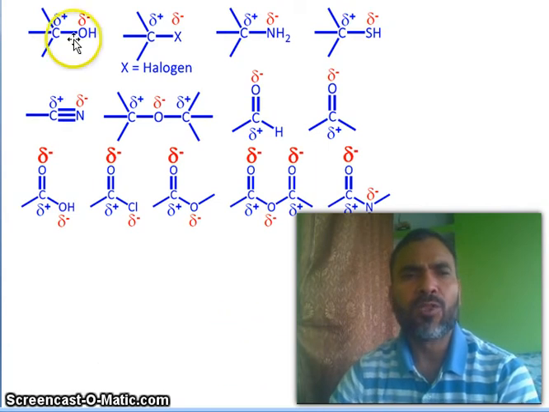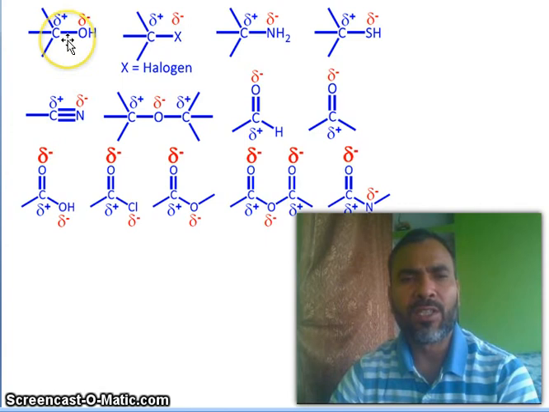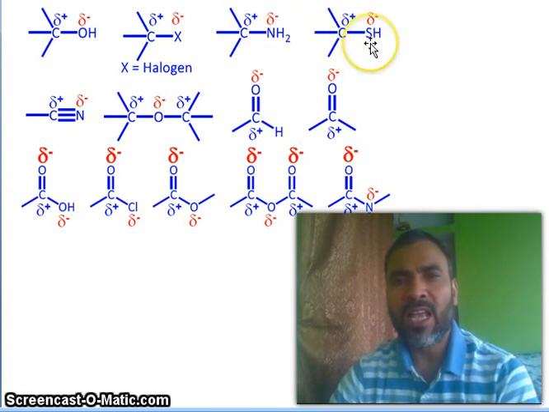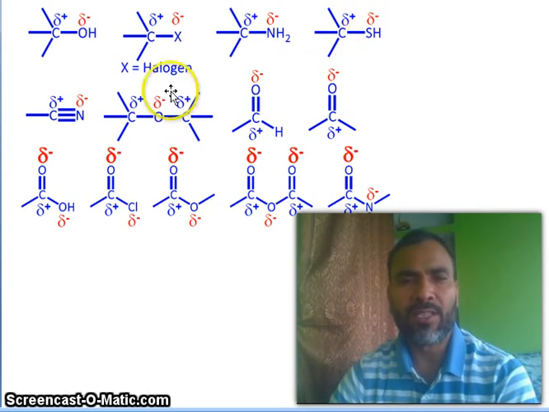Now you see, the carbon-oxygen bond is also polar in nature. Carbon-nitrogen bond is also polar in nature, with partially positive charge on carbon and partially negative charge on nitrogen. The carbon-sulfur bond is also polar, with partially positive charge on carbon and partially negative charge on sulfur.